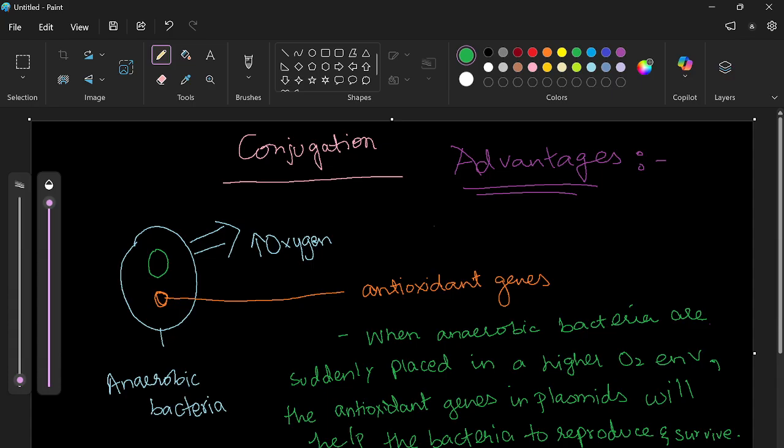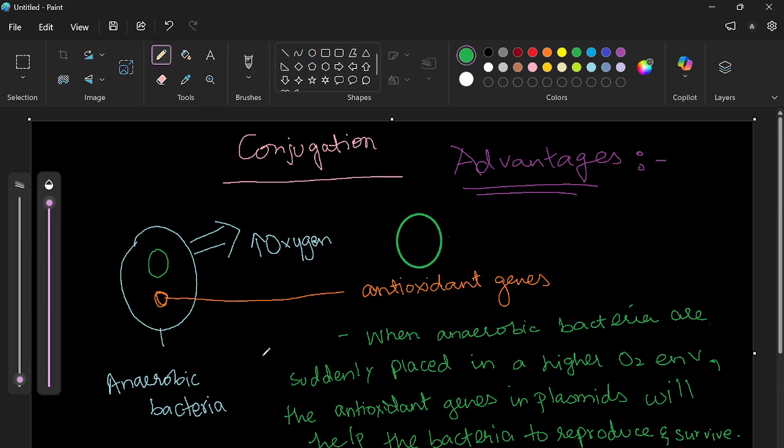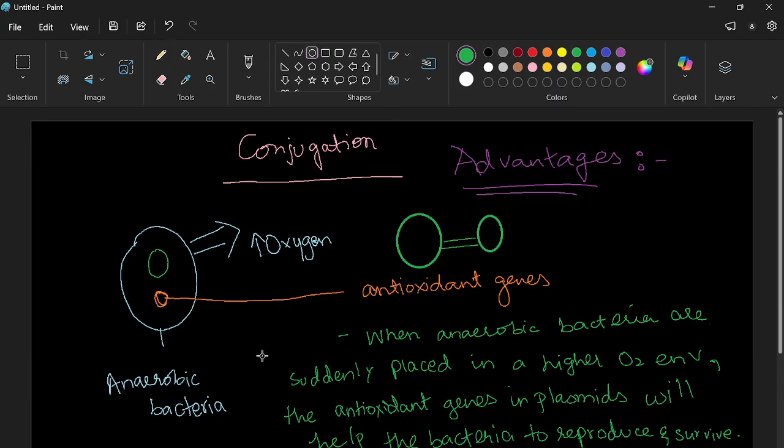By the conjugation process, it can be speculated that basically, just suppose that this is a bacterial cell. Okay, let me just quickly go through. I'm not drawing a good one, I know. So just suppose that this is, okay, maybe I had to make color blue. Okay, so just suppose that this cell has the plasmid which codes for antioxidant proteins.